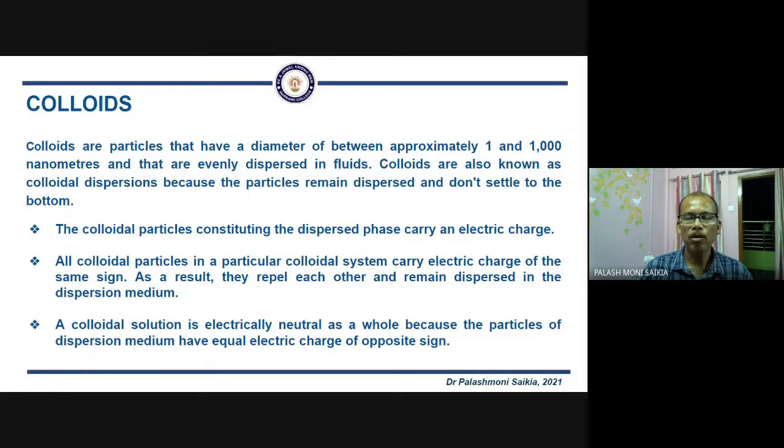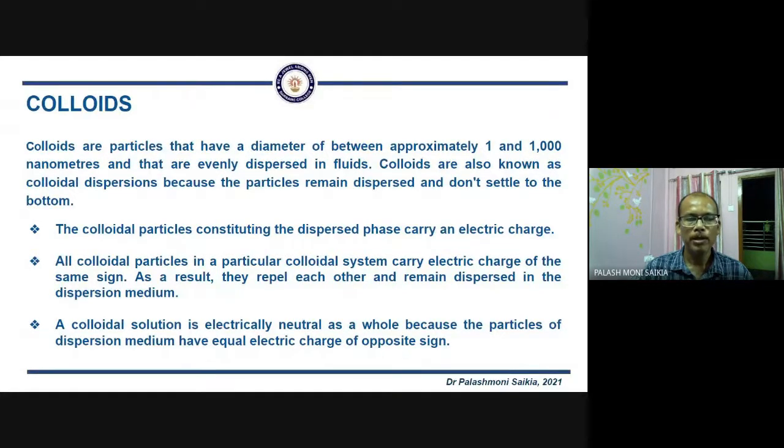They are generally called dispersions because the particles don't settle down but remain dispersed. One other interesting feature of colloids is that these particles generally carry electric charge. All the colloidal particles carry the same electrical charge, but still the colloidal solution is electrically neutral. Why? Because the dispersed phase has one charge, but the medium takes the opposite charge.